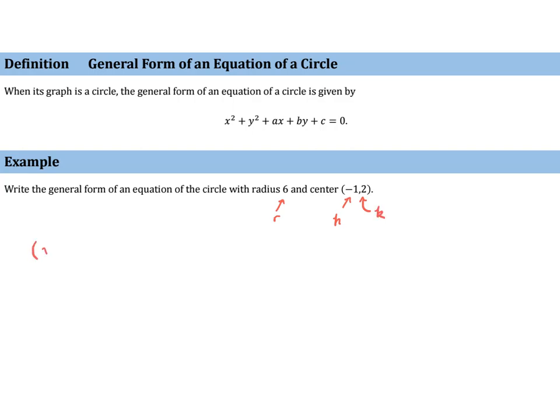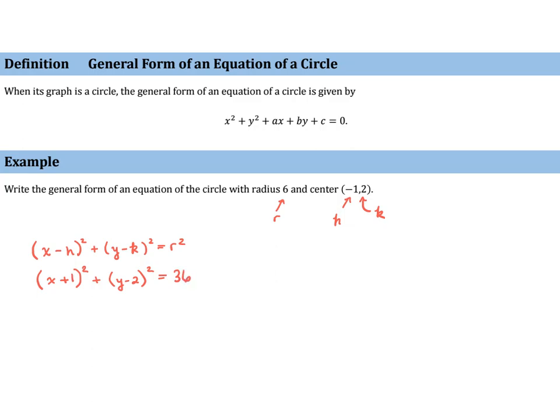So we know that the equation of our circle is going to be x minus h, quantity squared, plus y minus k, quantity squared, equals r squared. Let's substitute these values in. x minus -1 would be x plus 1, quantity squared, plus y minus 2, quantity squared, equals 6 squared will be 36.